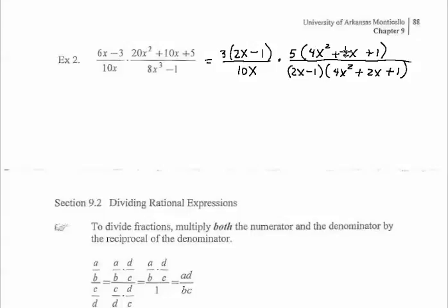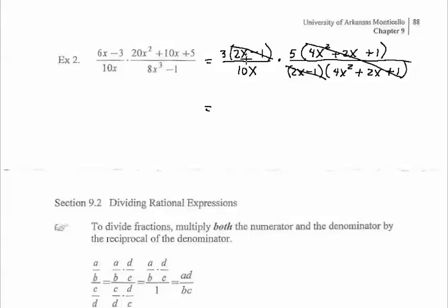At first we were probably thinking we're going to have to do the AC method and this is going to require another step, but this is probably not factorable, and even if it was, we have another 4x squared plus 2x on the bottom here, so this is going to cancel out anyway. And then we also have a 2x minus 1 in the numerator and the denominator, so that will cancel out.